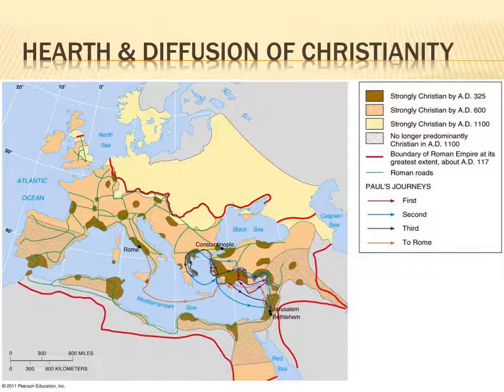All right, so taking a look at the birth and diffusion of Christianity, take a look at the early distribution. Very dispersed, using that geographic vocabulary, dispersed distribution. So the brown areas are the early distribution, very dispersed. The reason for that is that it was actually illegal throughout the Roman Empire to be a practicing Christian.